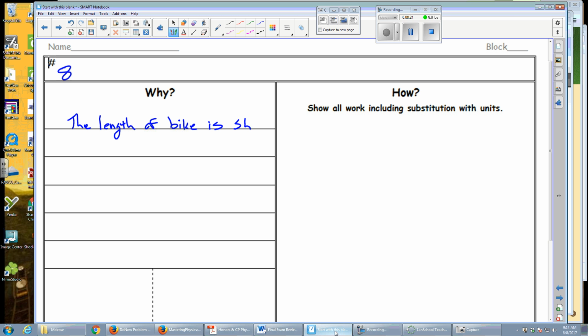So the length of the bike is shorter due to motion, due to c being fixed.